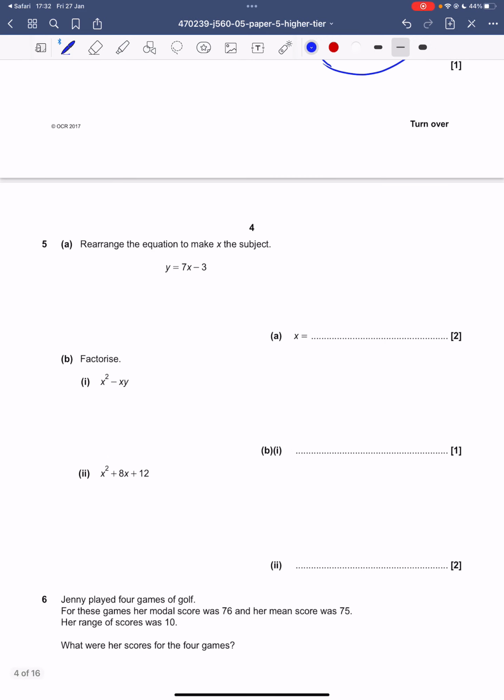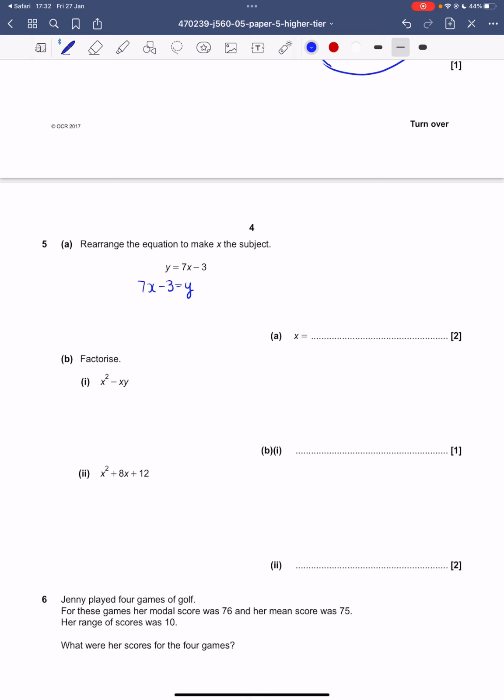Right, rearrange the equation to make x the subject. Okay, so this means we need to get an x equals. We've got 7x minus 3 is y. So we're going to have x in terms of y. At the moment, we've got y in terms of x.